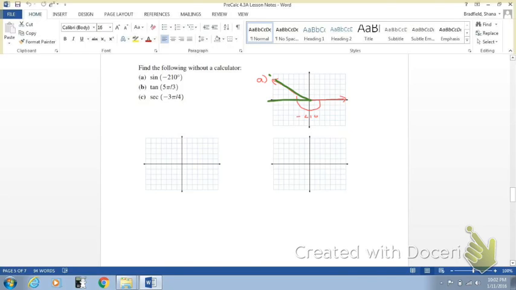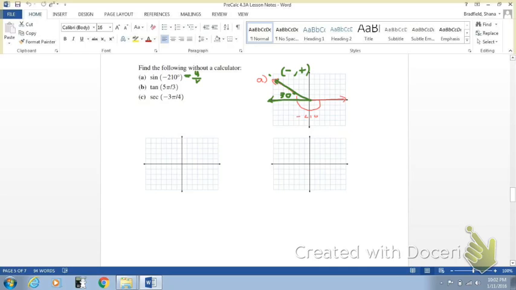But it makes a reference angle, which is where the terminal side makes an acute angle with the x-axis. It makes a reference angle here, which you can see is 30 degrees past 180 degrees. Okay, so my reference angle is 30 degrees. So basically, what I need to know is that in this quadrant where my terminal side is, my x's are negative and my y's are positive. For A, sine is y over r. R is always going to be positive because it's the hypotenuse, so it's the length there.